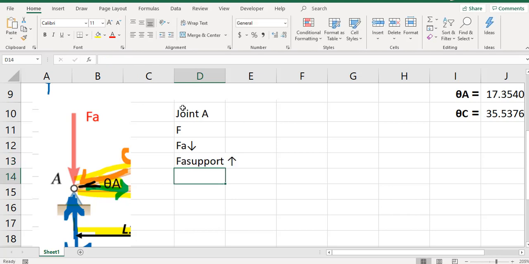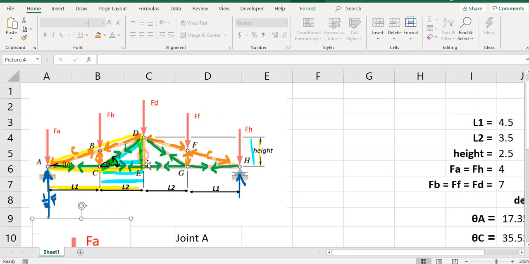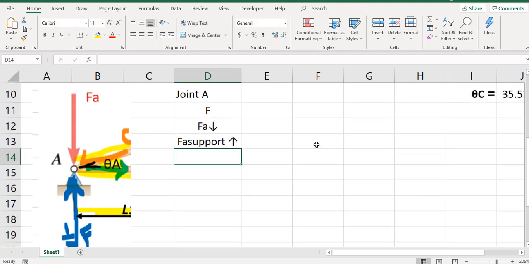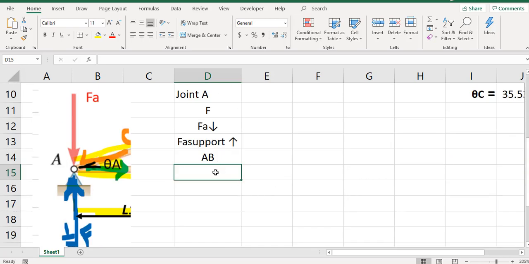Alt 24 and Alt 25 lets you make those arrows. And then we also have AB, so I'll call this AB. And we have AC that is in tension along the bottom. And if you want, you can color code this.